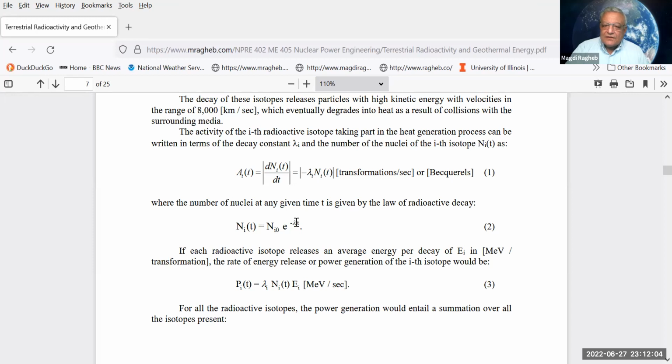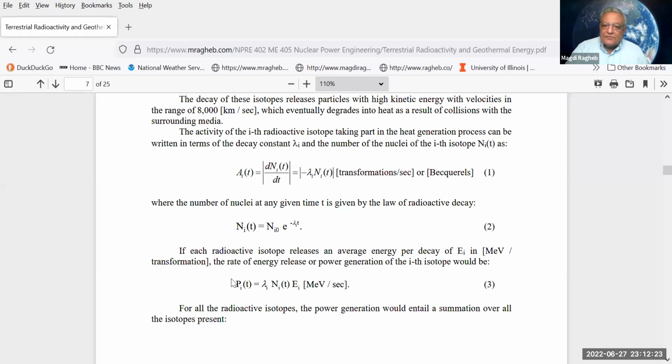We can turn this activity into power by multiplying the activity of each one of those isotopes listed in the table by the energy, or the most important average energy, of each emission of radioactivity.